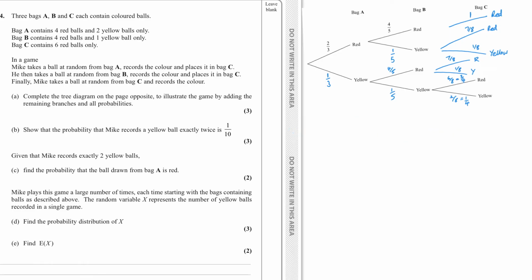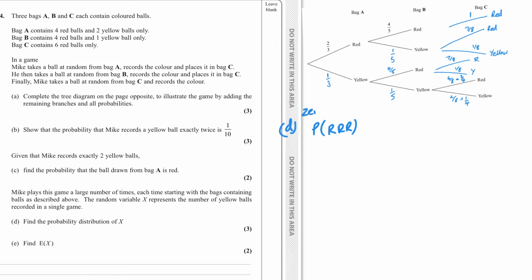Now, for this type of question, for part D, probability distribution, what I'm looking at is the number of yellows. So I want to work out when I get 0 yellows, 1 yellow, 2 yellows, 3 yellows. So we know that 0 yellows will just be the one possibility.